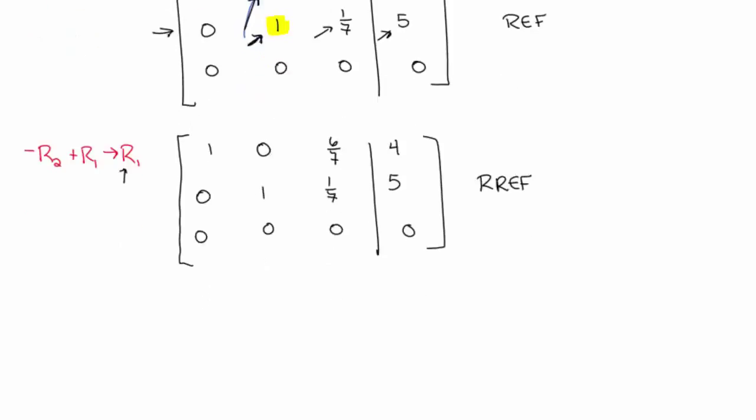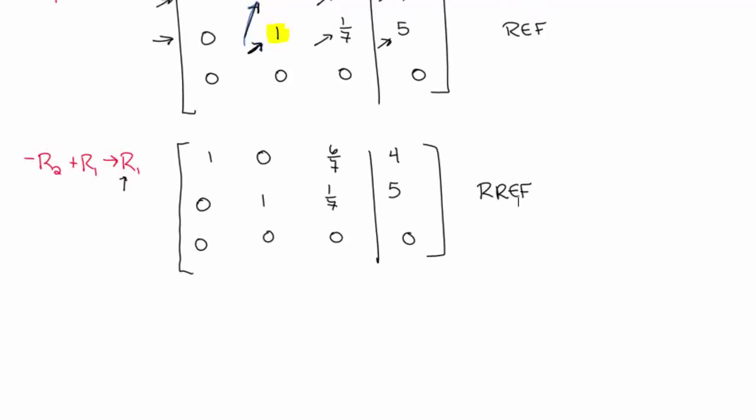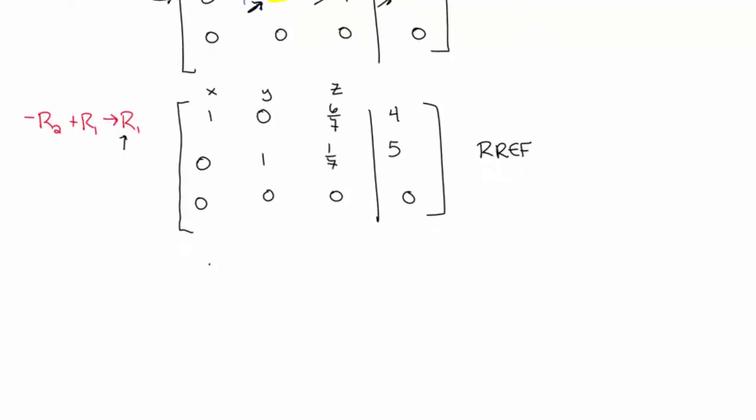And this is perfect because now when I go back to my system of equations, these were x's, y's, and z's. That's what the columns represented. So this tells me that 1x plus 0y plus 6/7 z should equal 4. It also tells me that y plus 1/7 z is equal to 5.